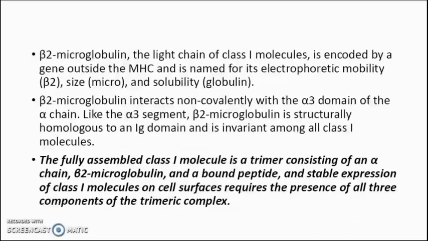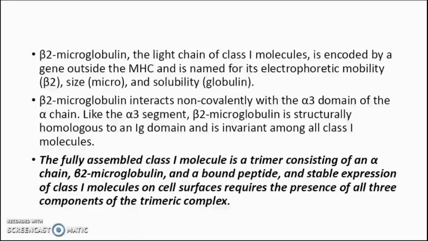Beta 2 microglobulin, the light chain of class 1 molecule, is encoded by a gene outside the MHC and is named for its electrophoretic mobility, beta 2, size, micro, and solubility, globulin. Beta 2 microglobulin interacts non-covalently with the alpha 3 domain of the alpha chain. Like the alpha 3 segment, beta 2 microglobulin is structurally homologous to an immunoglobulin domain and is invariant among all class 1 molecules.